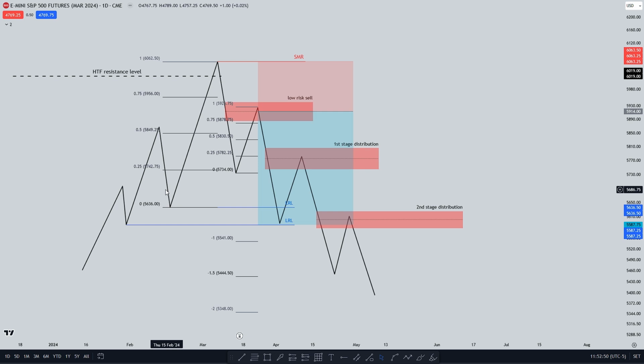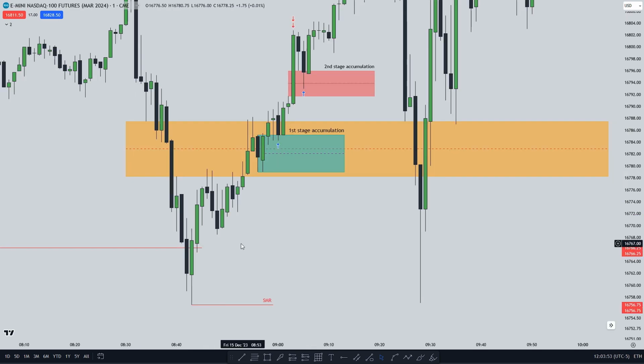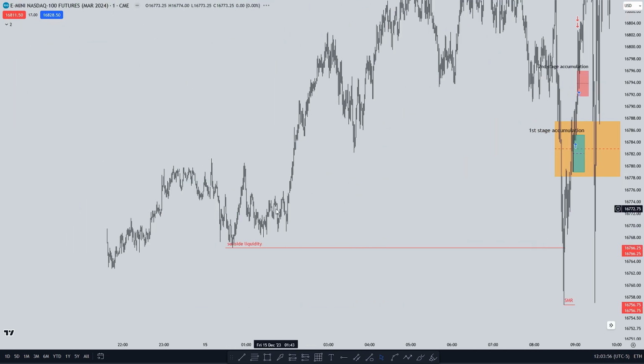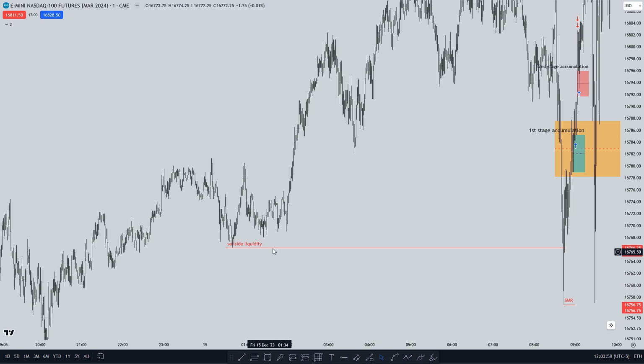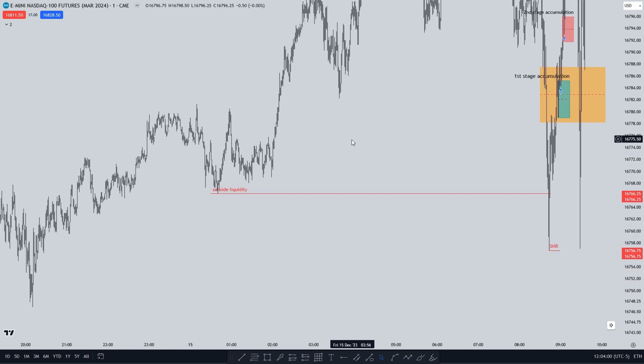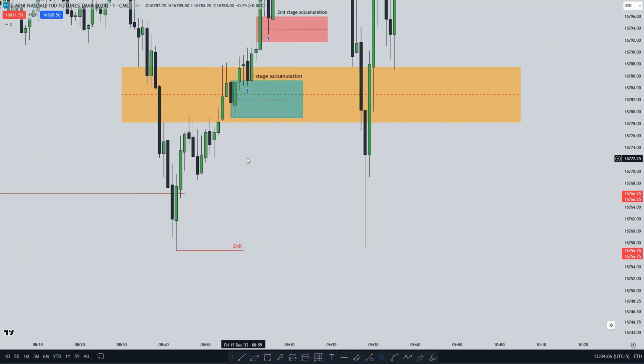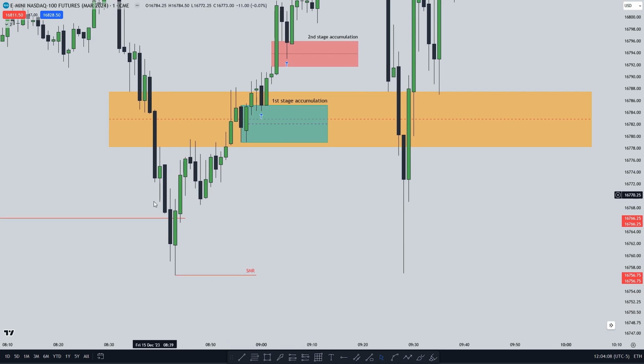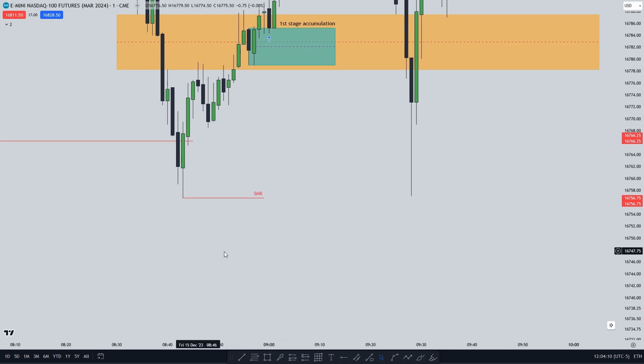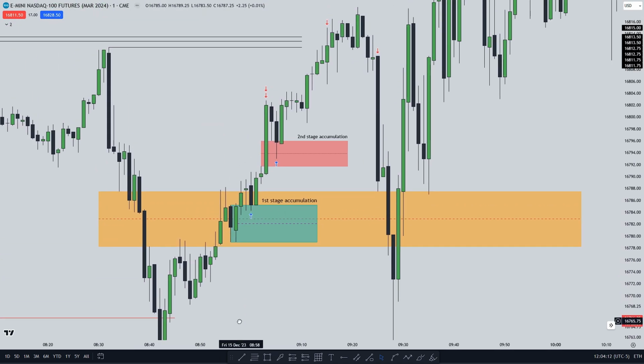So now that we know what to look for, we can go into the charts and find some examples of this. For the first example, price comes down and touches a form of sell-side liquidity, also taking down a lot of lows right here. Then we start moving higher, and this would be the Smart Money Reversal.